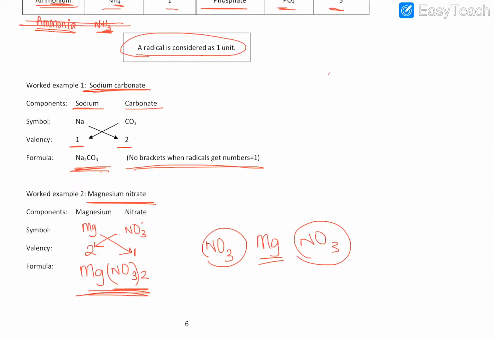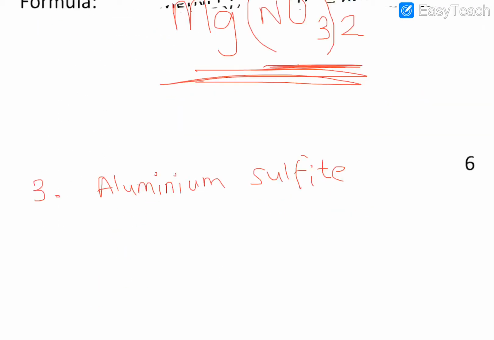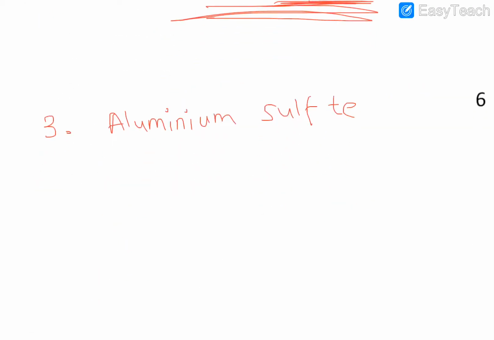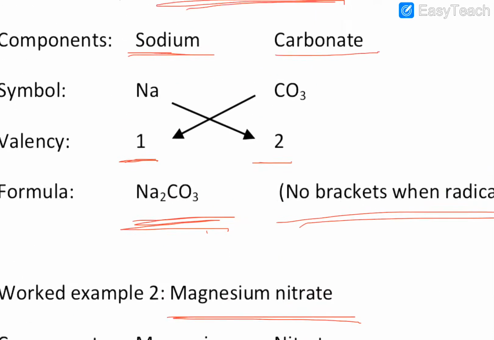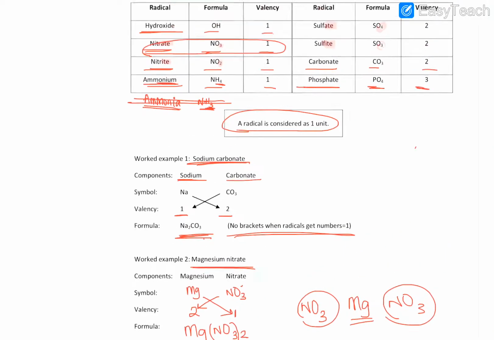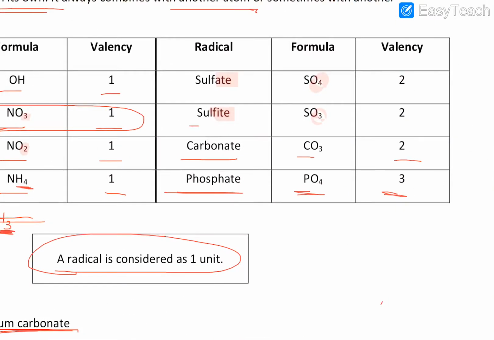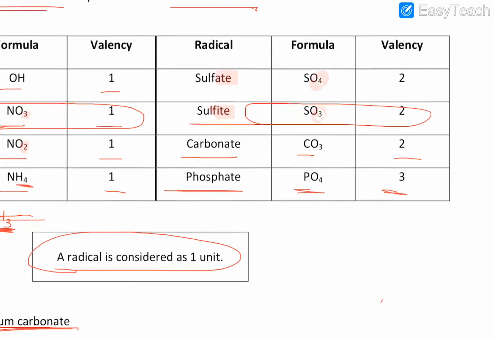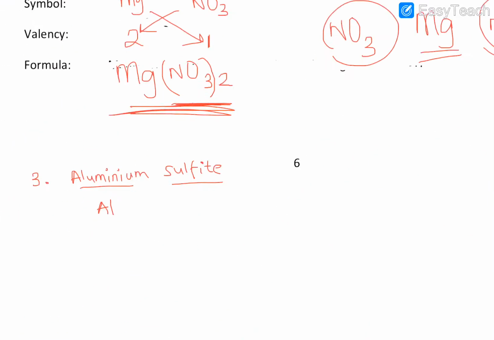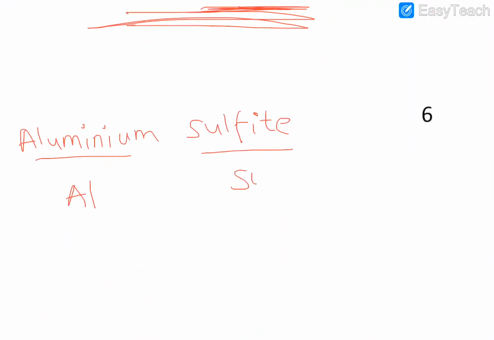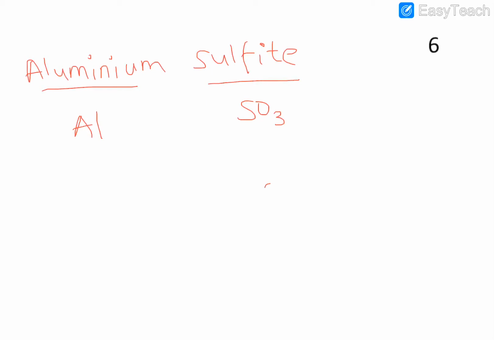Let's try another example. Aluminium sulfide. The element present is aluminium and the radical is sulfide. So aluminium is Al. Sulfide, when you look in that table, is SO3, it has valency 2.